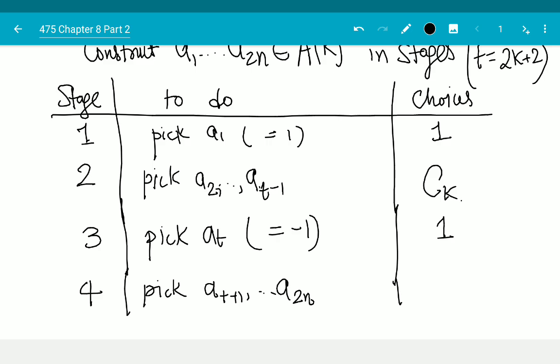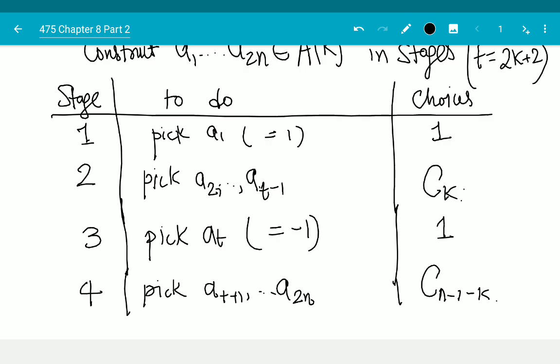The length of this is going to be, well, the total length of everything is 2n. I subtracted 2, so the length is 2n minus 2, which is going to be half, so k and n minus 1 minus k.